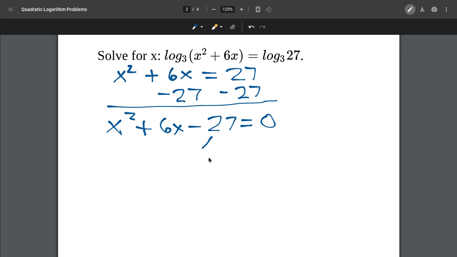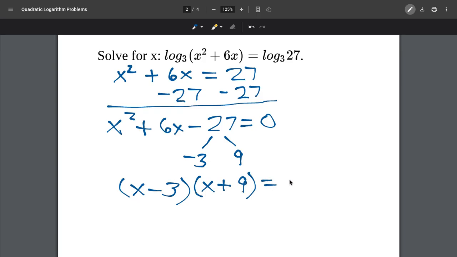Well, negative 3 times positive 9 would multiply to negative 27 and add to 6. So we're going to rewrite this in factored form as x minus 3 times x plus 9 and set that equal to 0.